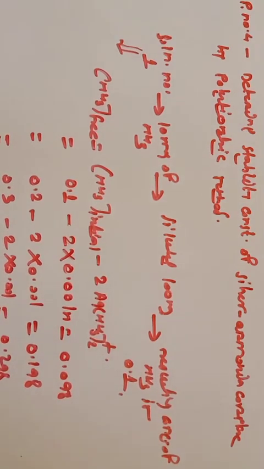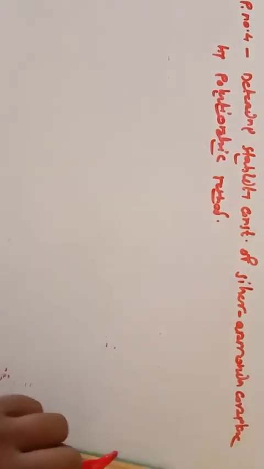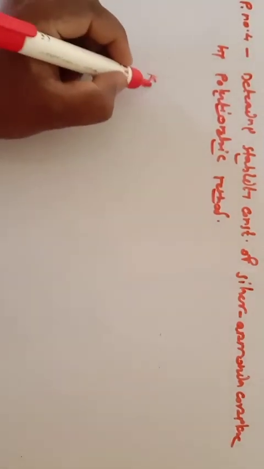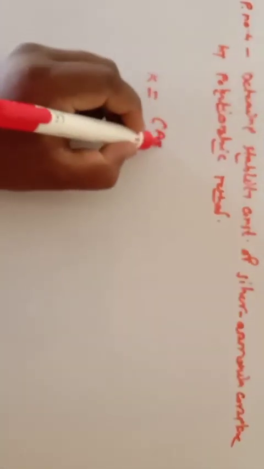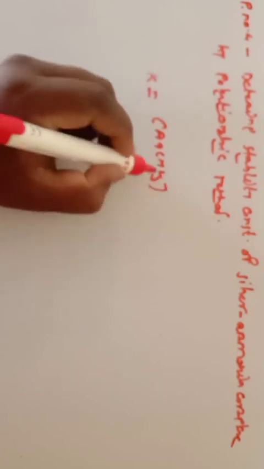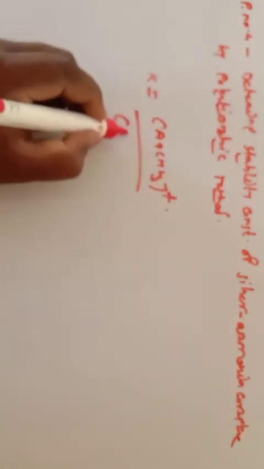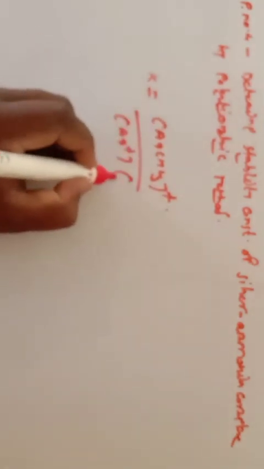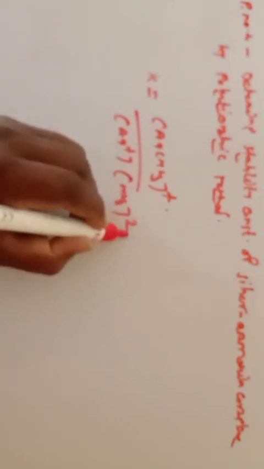So you have to find out these values, and finally you have to find out the stability constant. After knowing the stability constant, one can easily find out the instability constant. The stability constant K is the concentration of silver ammonia complex divided by the concentration of free silver ions into the concentration of ammonia to the power 2.